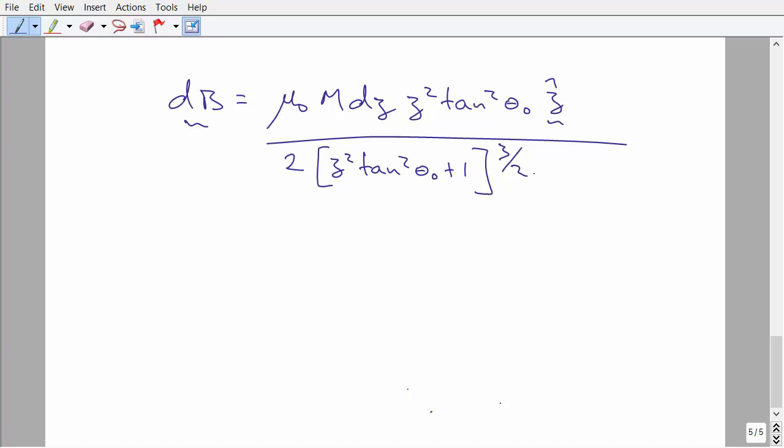I'm going to factor a z squared. Pardon me, that's a z squared there. That can't be a 1, it would be dimensionally wrong. I'm going to factor a z squared outside of this bracket, and then I'm going to divide through. I'm going to cancel a z squared with a, actually I'll get a z cubed outside, won't I? So that'll give me a z downstairs. So let's do that.